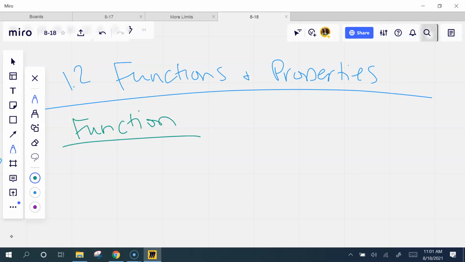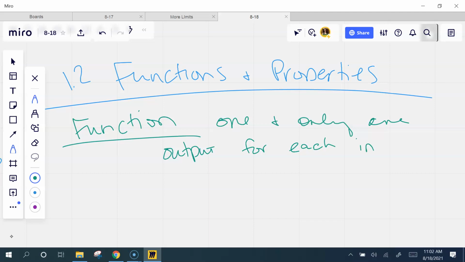You can't have the same x value for multiple different y's. So that x can't repeat itself. One and only one output for each input.